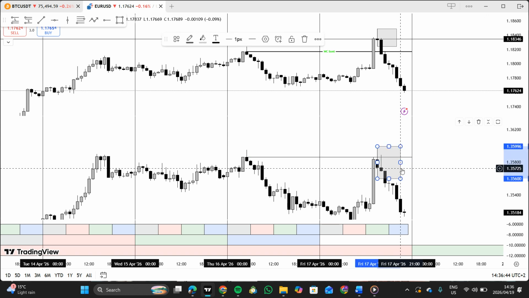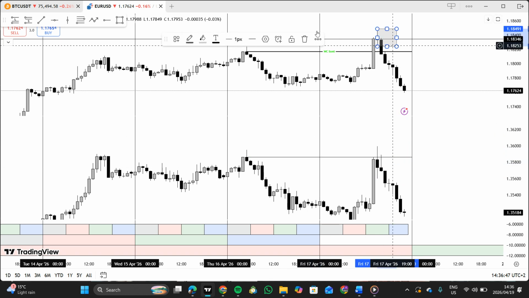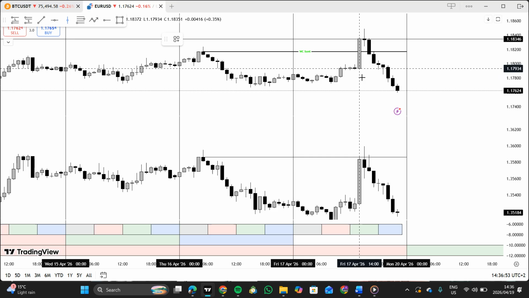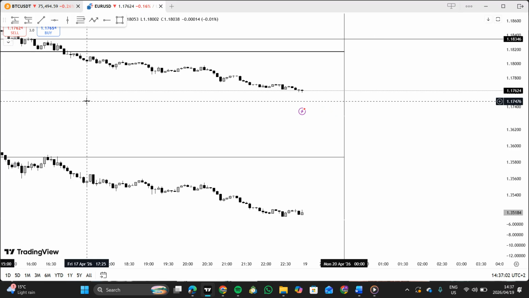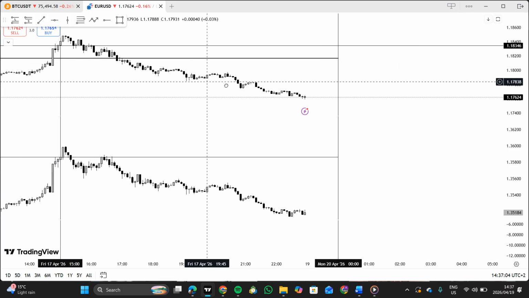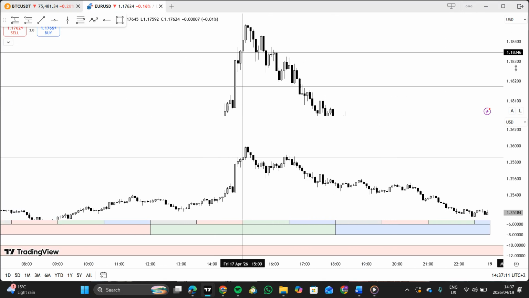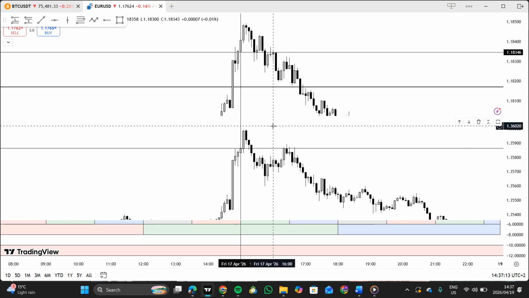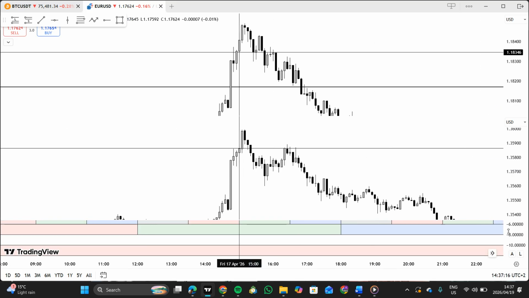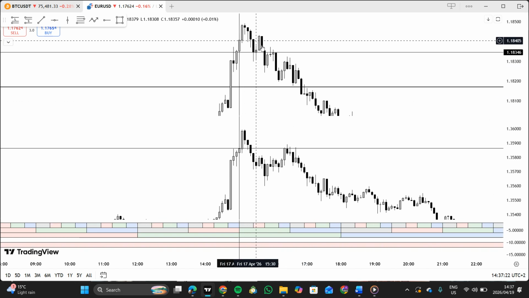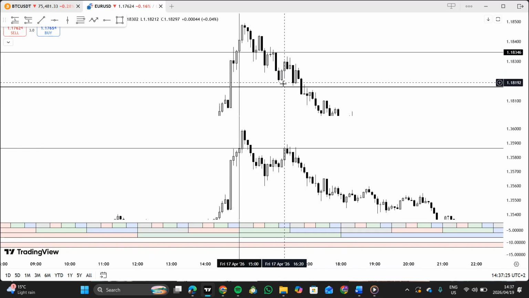So let's try and dive into that right now. Just mark out this candle, this 3 o'clock candle, going down to my 5-minute time frame. Can you see the market just started to drop down, drop down, drop down?